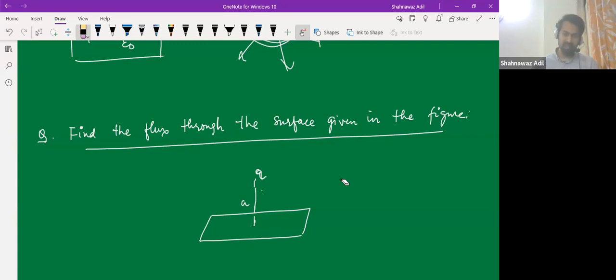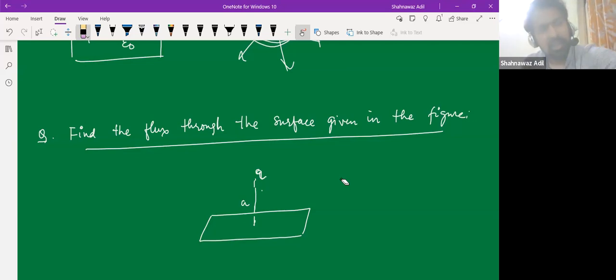So I have this plain sheet, and one idea I can use is to make this surface a closed one. I do some things in such a way that this becomes a closed surface, and then I can use this Gauss law and easily calculate the flux through this surface, right?